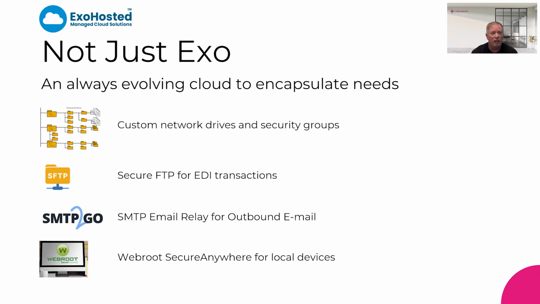We run an SMTP relay for outbound email. We use a service called SMTP2Go. We used to run our own internal one, but over the years with other cybersecurity requirements, we had to increase our protection for that email, and so we use a company called SMTP2Go. But we provision that as part of the service if it's required.